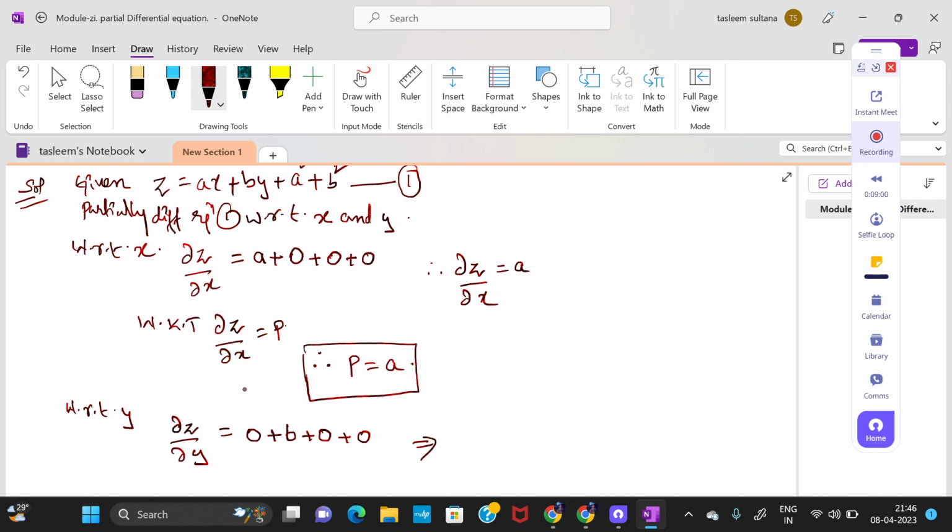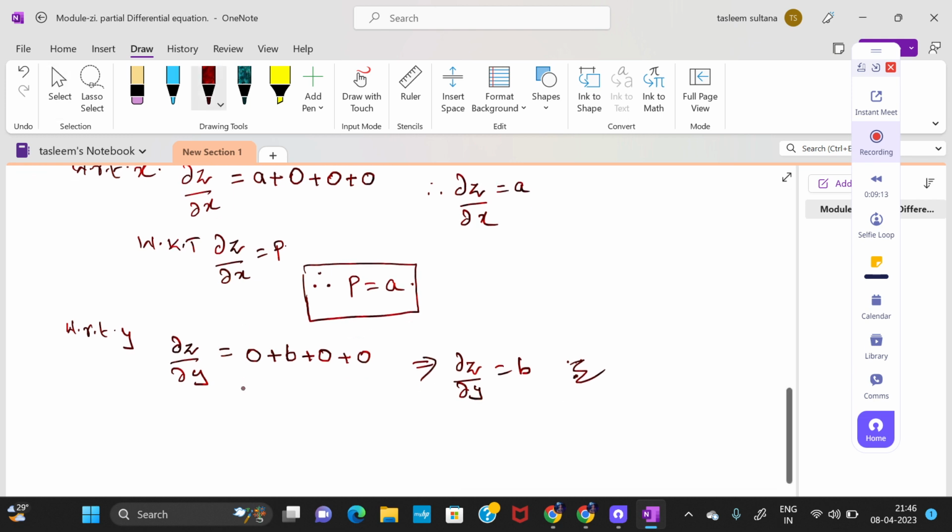So dou z by dou y is equal to b. But we know that dou z by dou y is equal to q. Therefore q is equal to b.